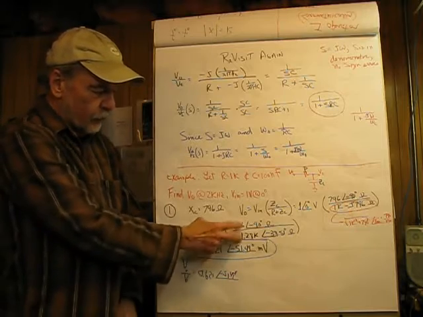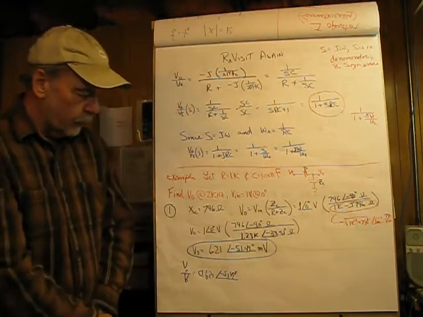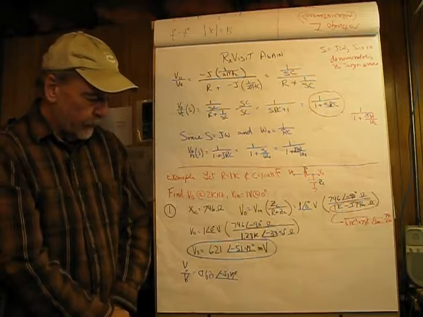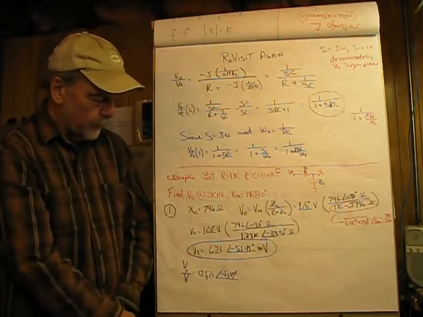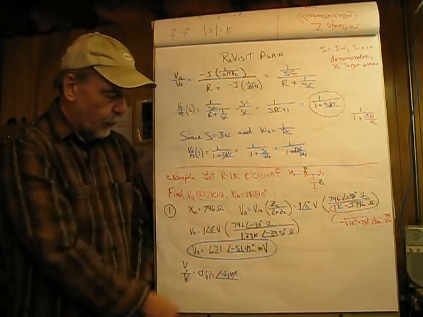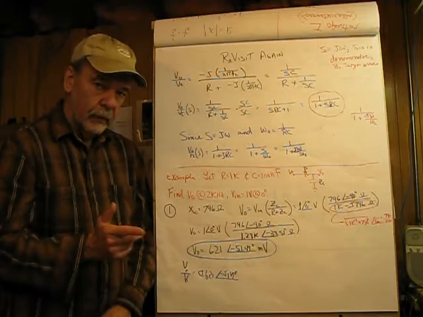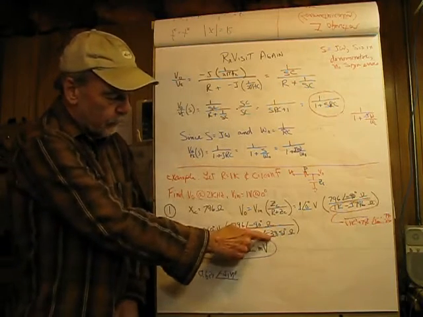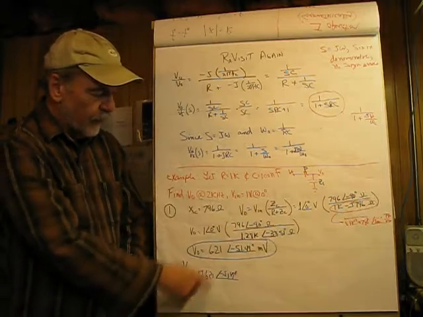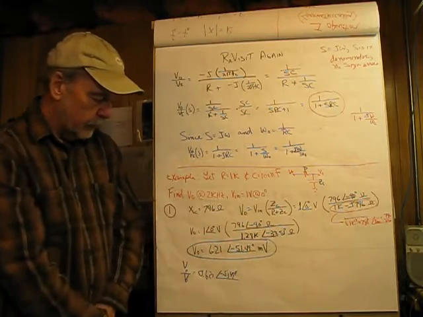So now it's just a matter of dividing the denominator into the numerator and then what we get from that would be 621 at a negative 51.49 degrees millivolts. So we're subtracting negative 38.51 from negative 90 to get that angle.